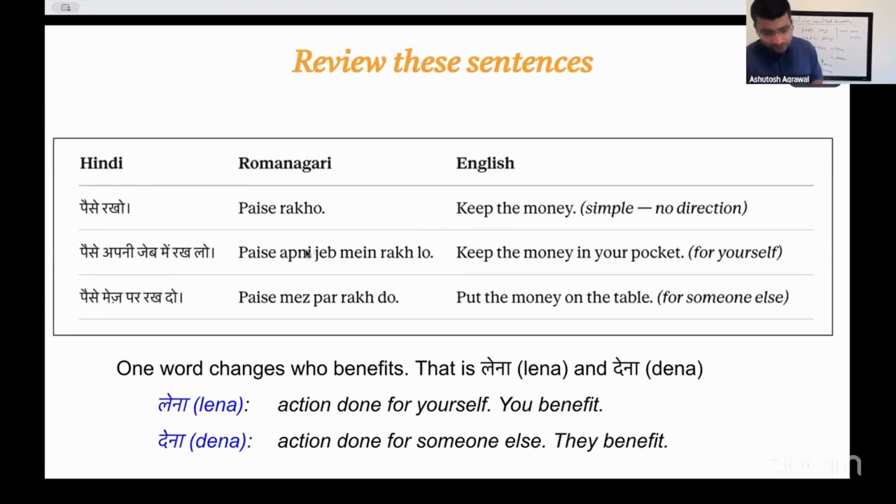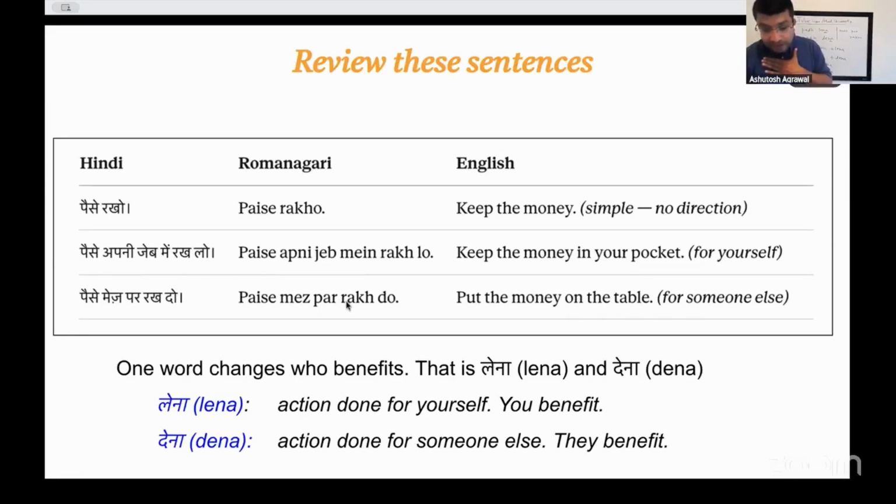In the very first one, when you said paise rakho, it's simply keep the money. There is no direction there. When you say keep the money in your pocket, it is for yourself. Okay, मैंने पैसे जेब में रख लिए. Like I put the money in my pocket for myself.